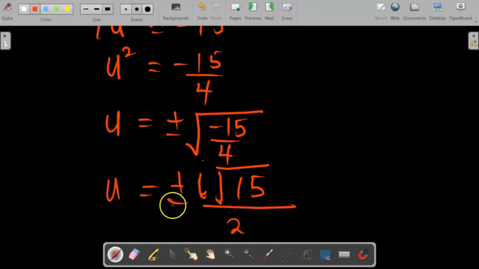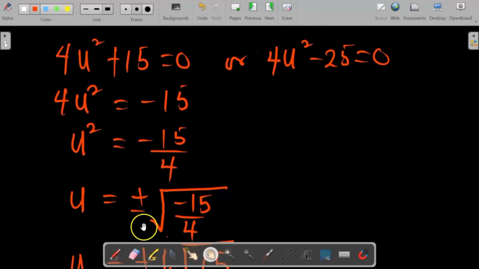So u is plus or minus i root 15 over 2. So that is one of the values of u.